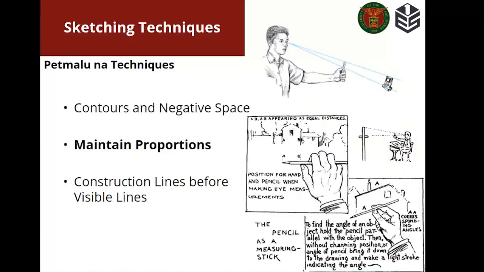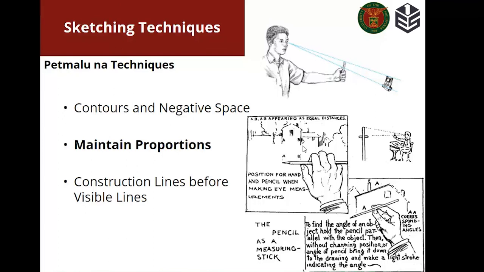Next is you need to maintain the proportions when you're sketching. If you're drawing, for example, this house, you could use your pencil to proportion the length of the house. So for example, A to B, this is the proportion of this house.